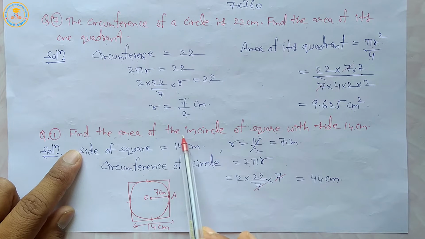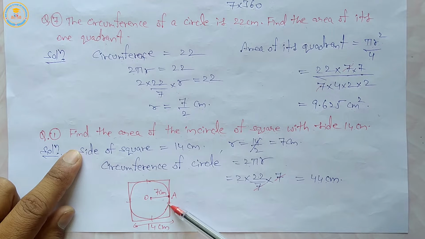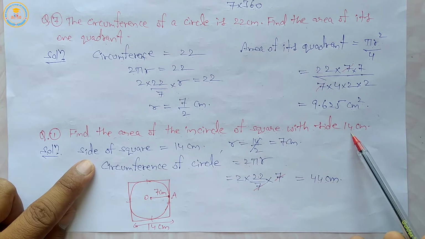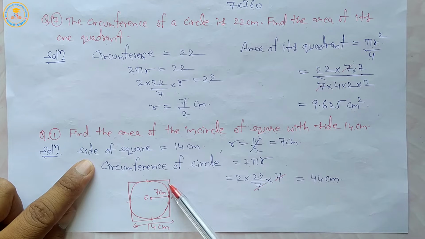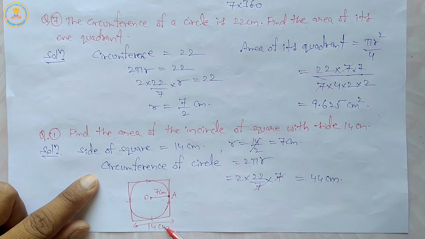Area of the incircle of square means a circle inside a square with side 14 centimeter. Square side is given 14 centimeter. We know that in a square all sides are equal. Therefore this one is 14, this one is also 14, and this one is also 14.